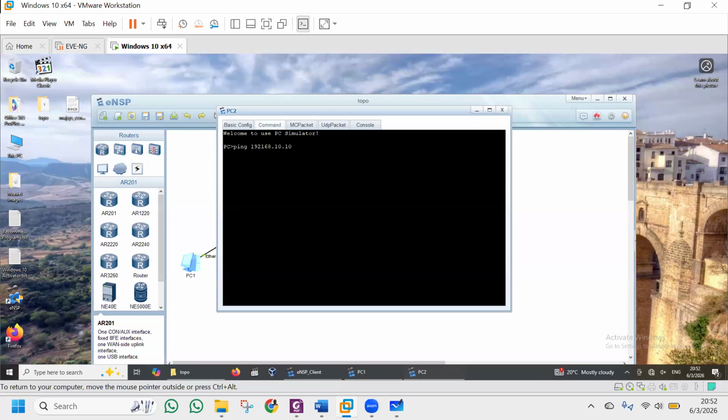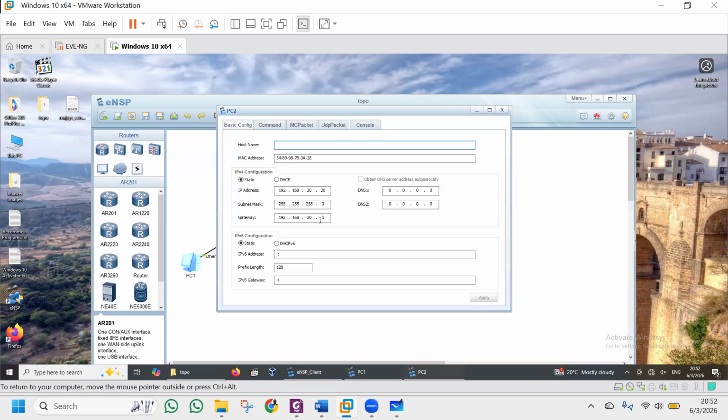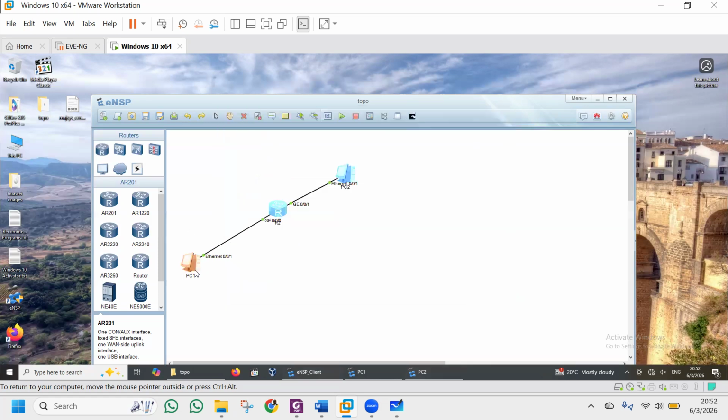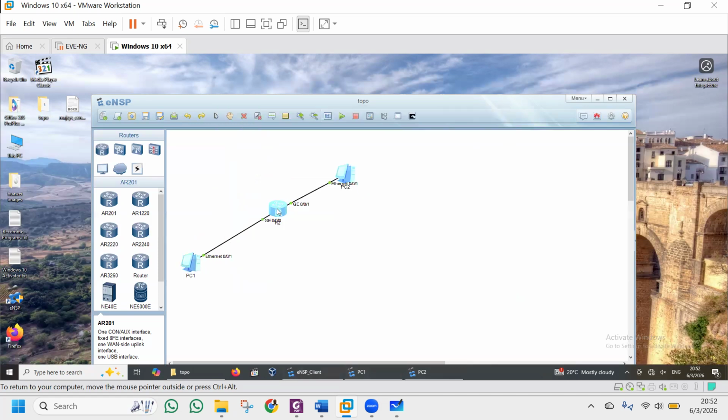So, like I said, the problem last time was with the firewall. Was it reachable? Let me check this one. Gateway. We still don't have connectivity.